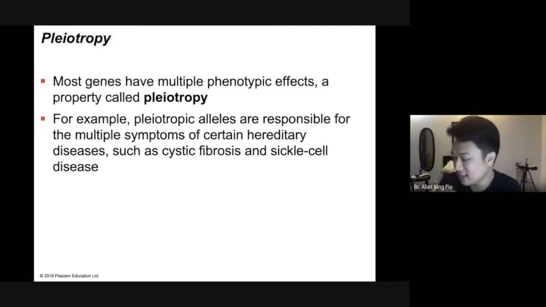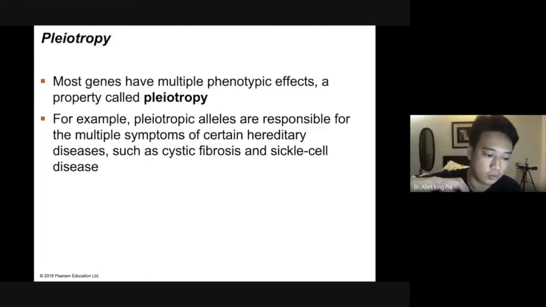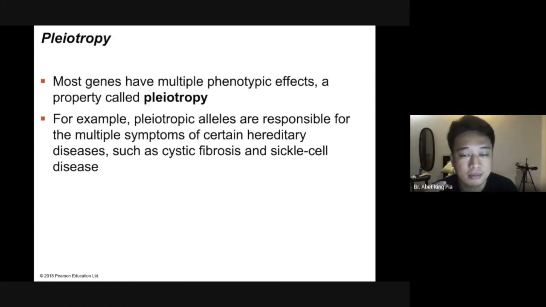Yung sickle shape, parang pa U or pa C shape yung red blood cell. So, aside from that shape, pati yung alam ko, affected din pati yung pagkuha ng iron ng blood.